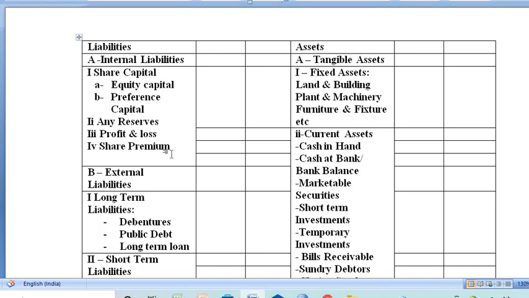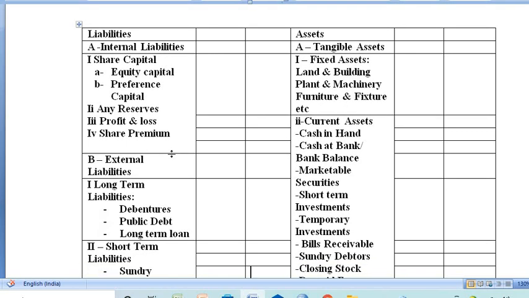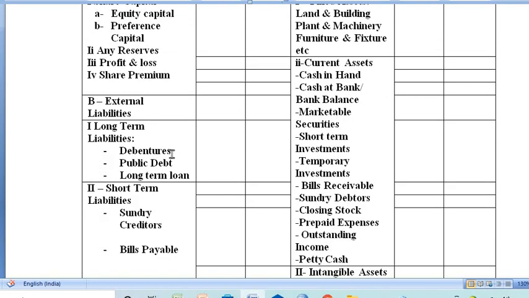The business is liable to pay or committed to pay to the owner of the business; such liability we can call internal liability. The next one will be external liability, that is, the business is liable to pay to outsiders of the business. Such liability we can call external liability or outsider liability. Under external liability we have two types: one is long-term liability, another one is short-term liability.